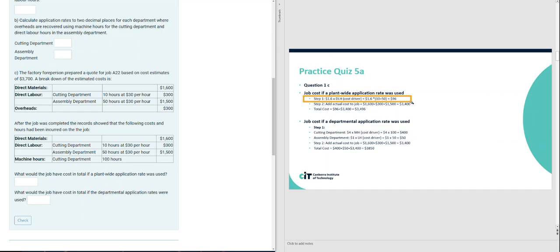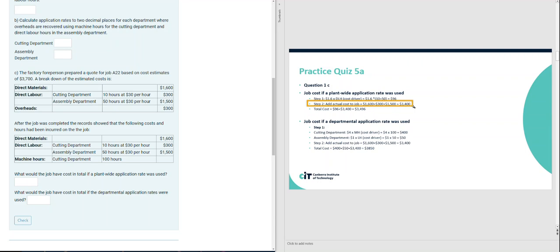Okay, that's step one. Step number two, we need to add back our actual cost. As I mentioned just now, the actual cost incurred after the job was completed is coincidentally the same as what you quoted, right? So the actual cost is $1,600 plus $300 plus $1,500, which equals $3,400.